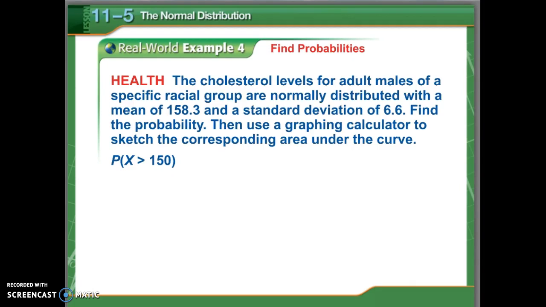For example 4, it says the cholesterol levels for adult males of a specific racial group are normally distributed with a mean of 158.3 and a standard deviation of 6.6. Find the probability. Then use a graphing calculator to sketch the corresponding area under the curve. And we're finding the probability that x is greater than 150.